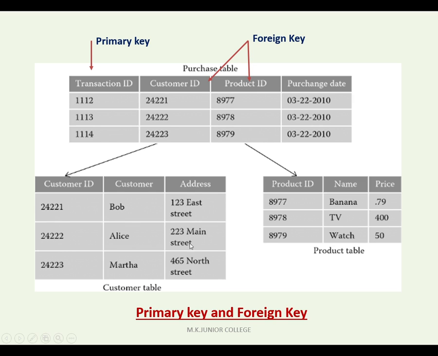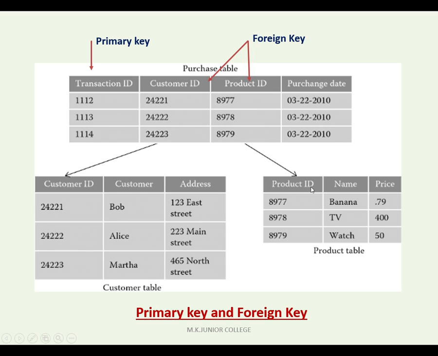So I am managing the customer information in a different table, and to every customer I have given an ID, and I have stored the same ID in the purchase table. So customer ID is a primary key over there, and product ID again is a primary key in the product table.